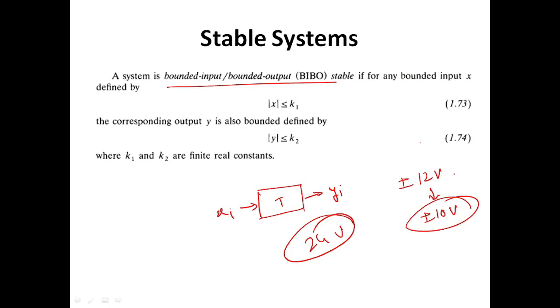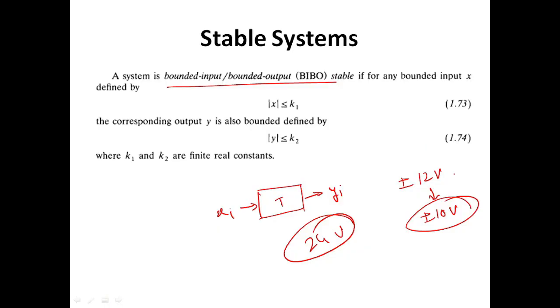So when we talk about stability, that stability has to be within a particular boundary condition which you need to set. That's why stability is defined as bounded input, bounded output stable systems. That means if you give some finite input within the boundary conditions, you will get a finite output within the boundary conditions based on which you have designed the system.